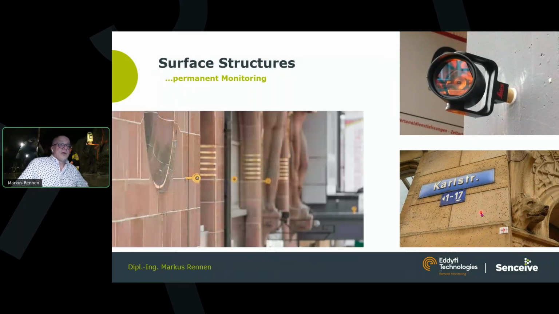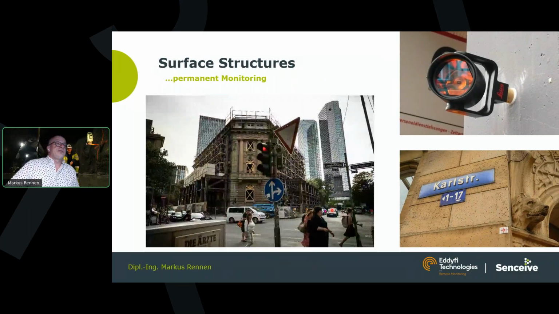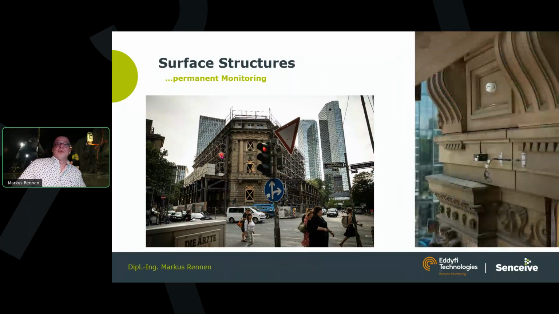But if obstructions are there, like for example on this building here where the scaffolding was set up, then of course it gets more difficult, and the effort, particularly for manual monitoring, is already high, but for automated monitoring can exceed any acceptable level, and there it might be very helpful to not depend on optical line of sight, like here with the tilt node and here with the crack sensor, to monitor this kind of gap. For example, here on this building.